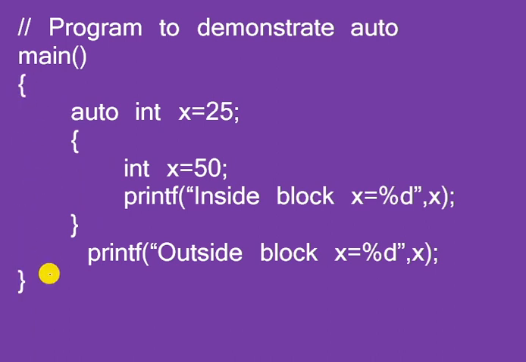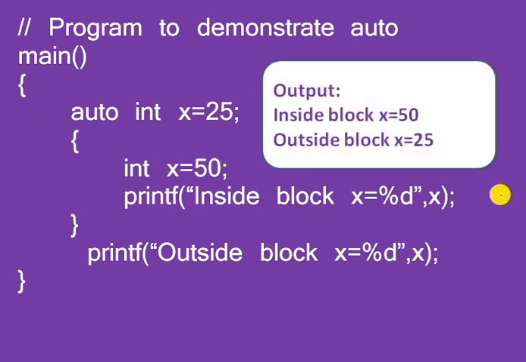If you execute this program, you will get inside block value is 50 and outside block value is 25. This is how we can use the automatic storage class.